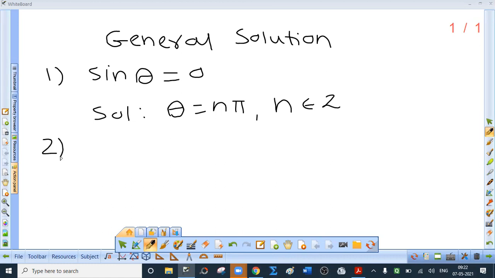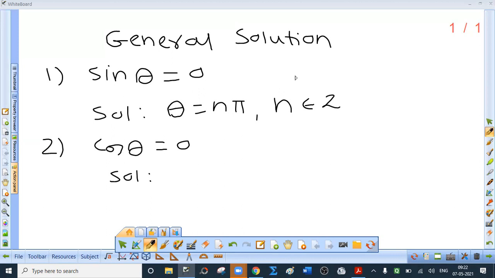Secondly, cos theta equal to 0. Now you know that cos pi by 2 is 0. See, basic trigonometry. Sin theta is nothing but y. Cos theta is nothing but x. Now when is y coordinate 0?